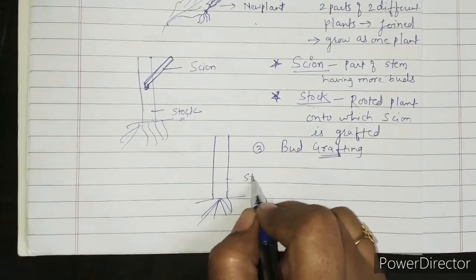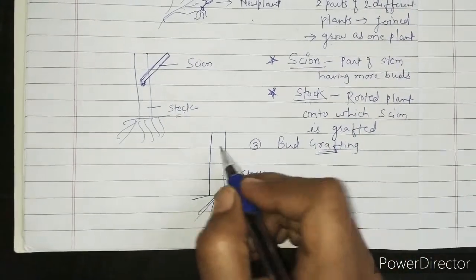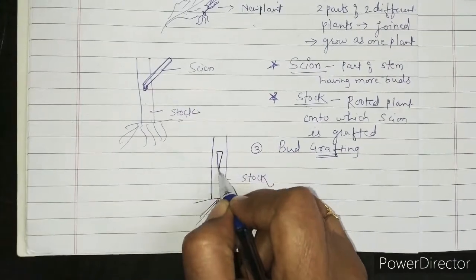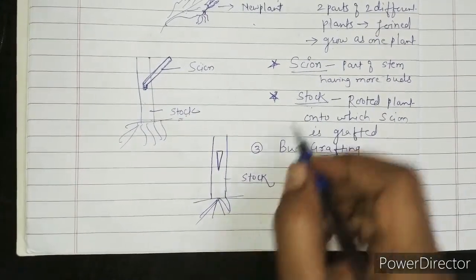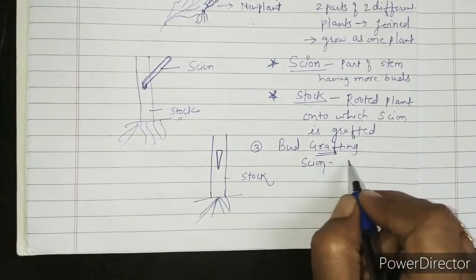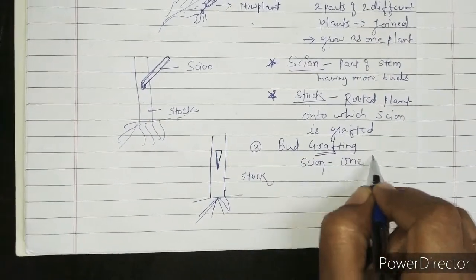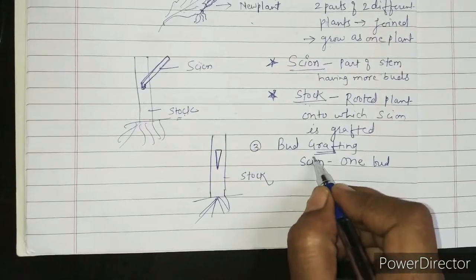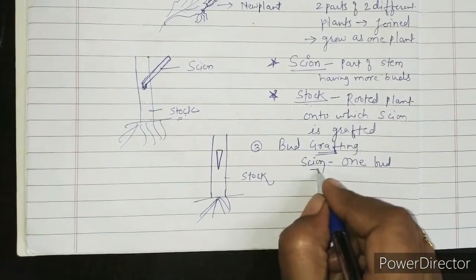Now this rooted plant is called the stalk. First of all, an incision is made in the stalk, and the scion taken for bud grafting contains only one bud, with some part of the bark of that scion.